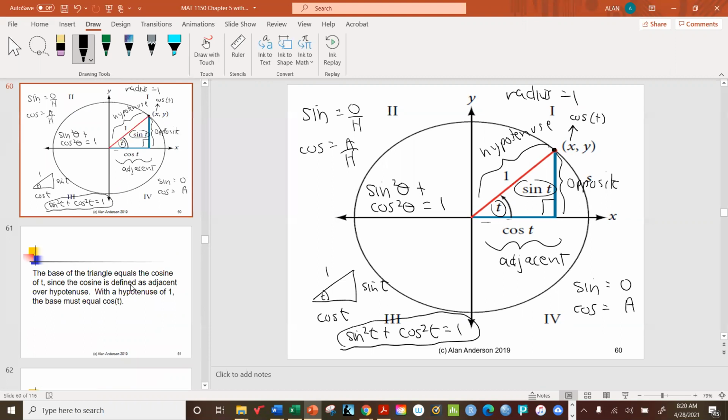This blue line here is the cosine of t, and that must be the x coordinate of this point. And then the height of this blue line is the sine. That would be our y coordinate. So this coordinate, xy, contains the values of cosine t and sine t. All right, I know this looks like a mess so far, but you'll see it'll prove to be very convenient.